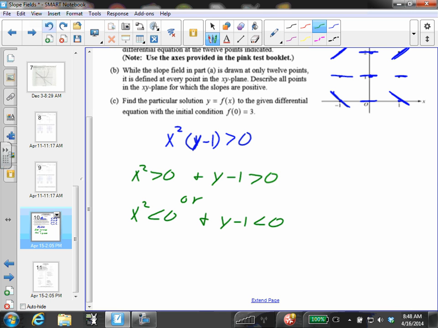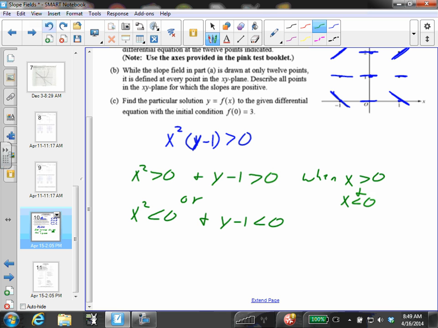X squared will be greater than 0 when, so this would be when x is greater than 0. Right, that would be pretty easy. X squared will be greater than 0 when x is greater than 0 and when x is less than 0. Okay, both of those will work for x squared.